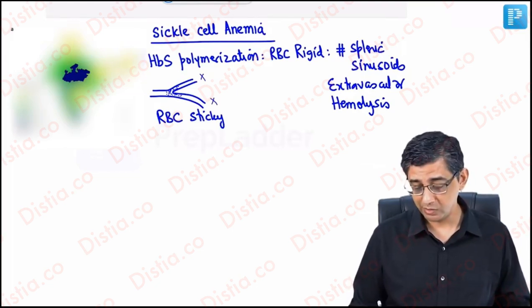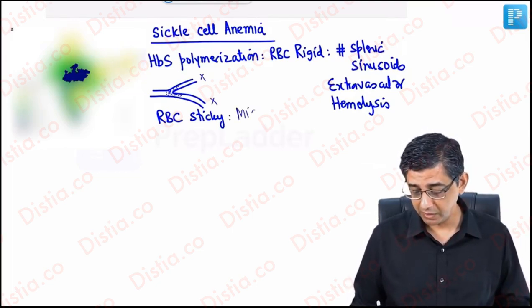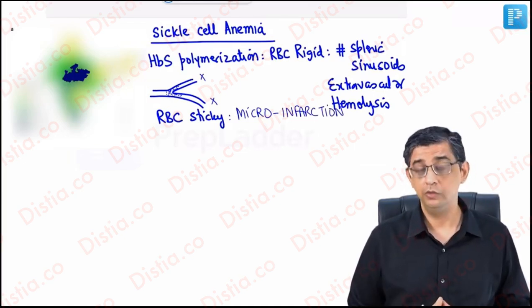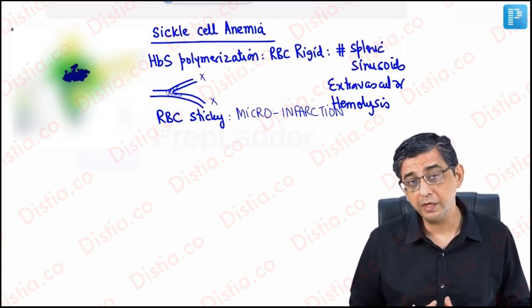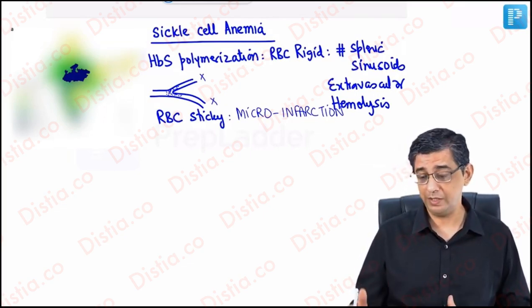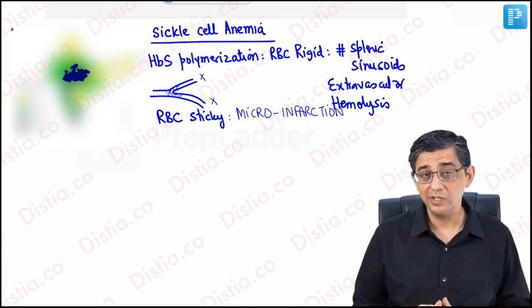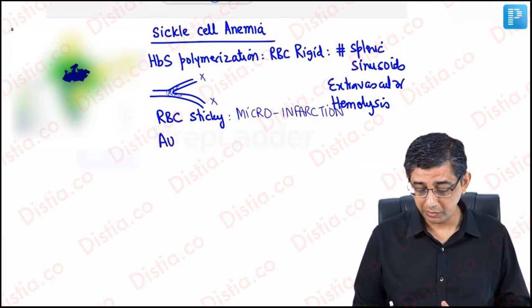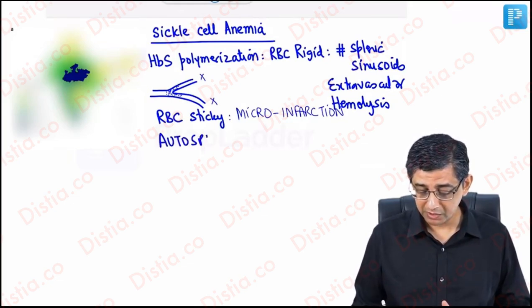And therefore, the bad news is that this particular disease will be associated with multiple micro infarctions occurring in various organs. And one of the organs that is vulnerable to this would be the spleen. This explains why you read about autosplenectomy in this condition, because gradually the spleen gets destroyed. And the bad news is, if you are going to have an autosplenectomy in this case, usually by the third birthday, then this child will become susceptible to opportunistic infections as well.